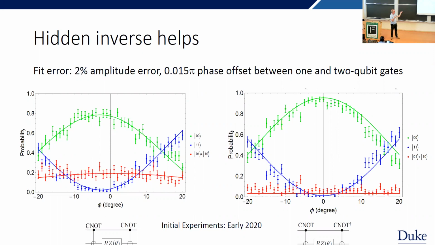So this 0.015 pi phase we saw is basically that our 2-qubit gate X and our single qubit gate X weren't the same. Once we see that, we can fix it, but also without fixing it, we find that the hidden inverses also fix that problem kind of naturally.